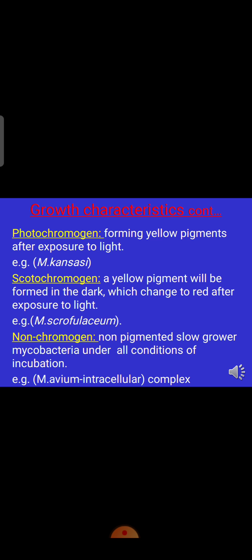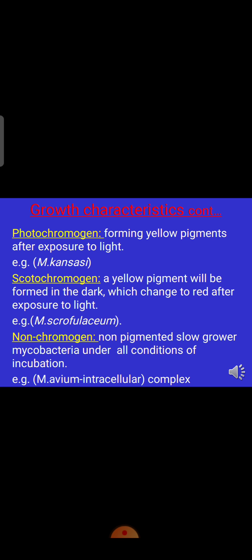Other slow growers can be differentiated according to pigment production in relation to light exposure into three groups: the photochromogens, scotochromogens, and non-chromogens. The photochromogens form yellow pigment after exposure to light.